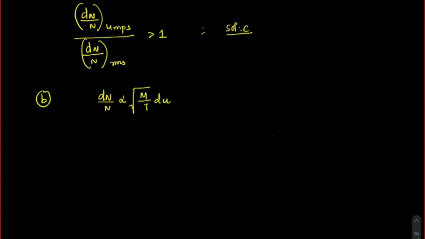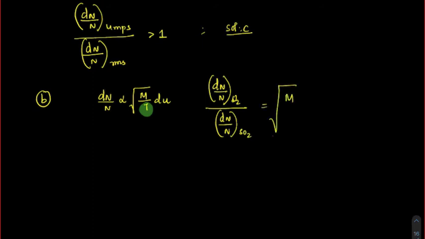So if temperature is constant, then dn by n of oxygen divided by dn by n of sulfur dioxide would simply be equal to m of oxygen by m of sulfur dioxide, because the rest is all constant. If I put in the values, it will come as 32 by 64, which will be equal to 1 by root 2. So it is that simple.